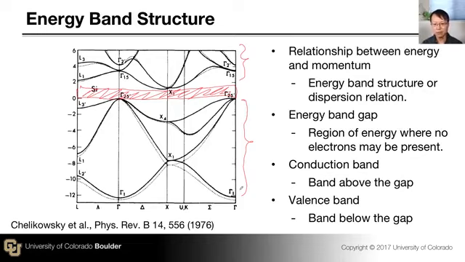Now you have two alternative energy band diagrams. One is sometimes called the spaghetti diagram. It looks very complex. This is the energy band structure plotted in k-space.